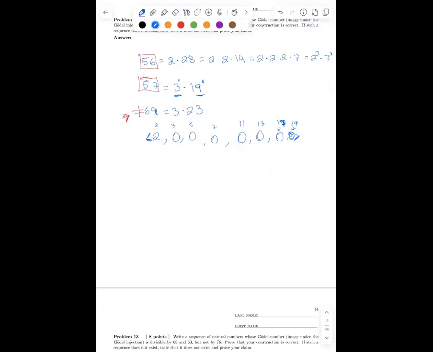So then you need to write an explanation. Hence, this Gödel number contains the 8th prime, which is my number 19. It can divide 56 and 57.